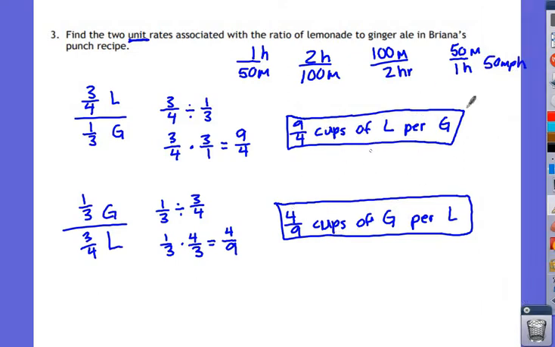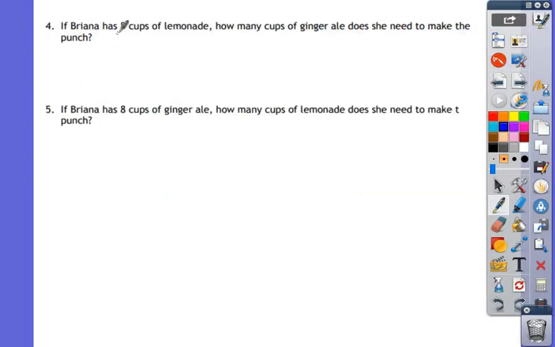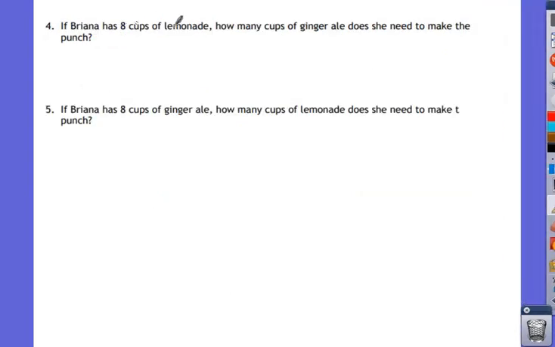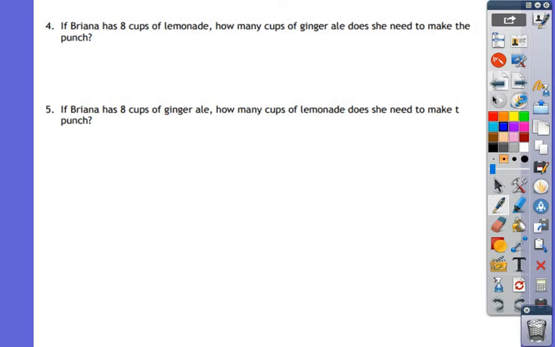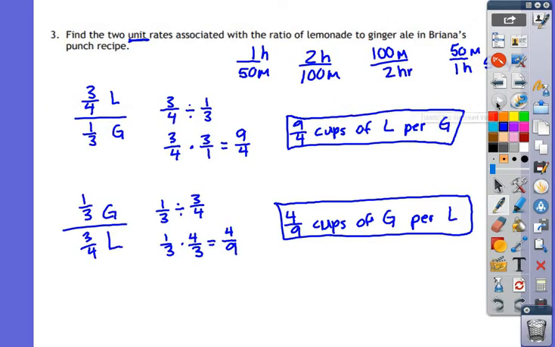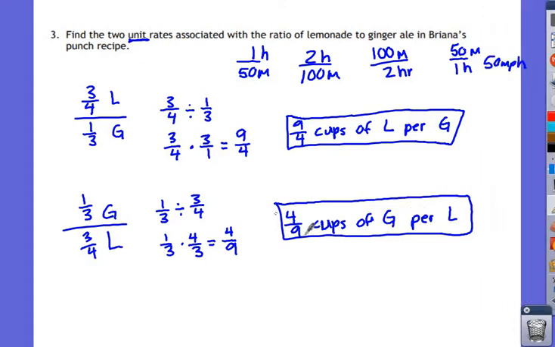So she has 8 cups of lemonade. So she has the lemonade right now. She needs to know how much ginger ale she needs. So the useful one would be this one, her lemonade. I already know she has the lemonade, so I need the per of what I've had.